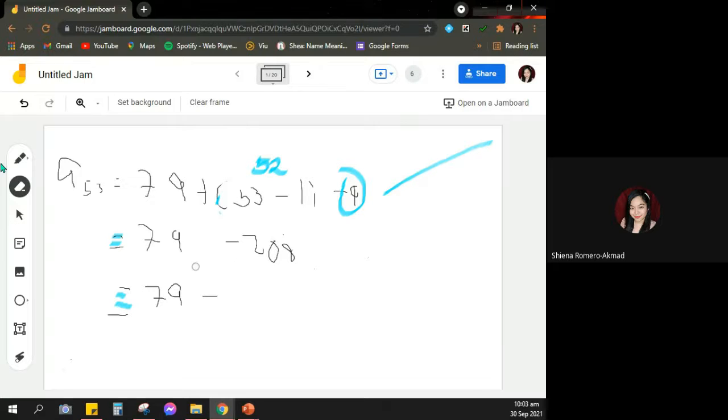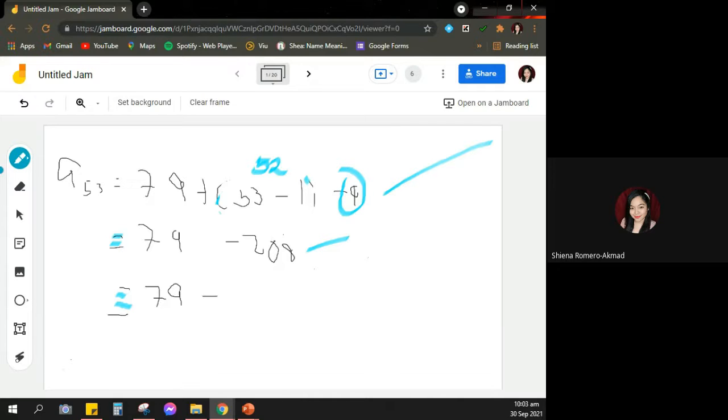So that is 79 minus 208. What is 79 minus 208? 208 ba yun? Dapat 212, ano? Ay, tama pala. 2 times 4 pala, hindi pala 3 times 4. Tama, correct. That's correct. 208. Negative 208. Now, what is their difference?